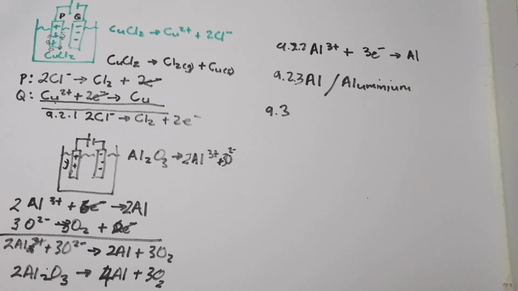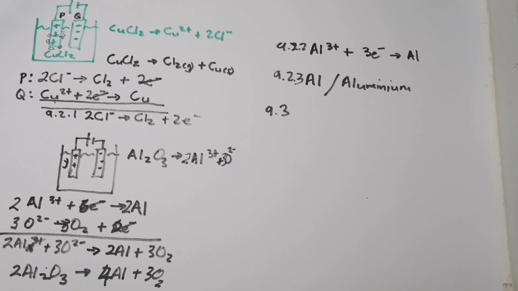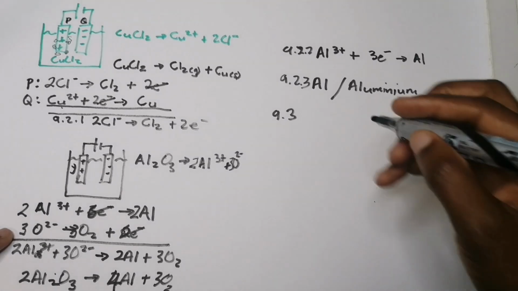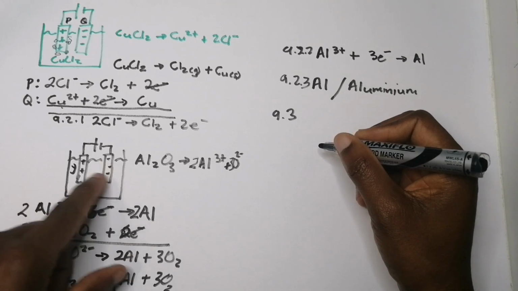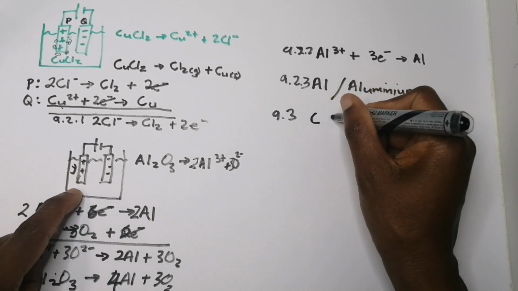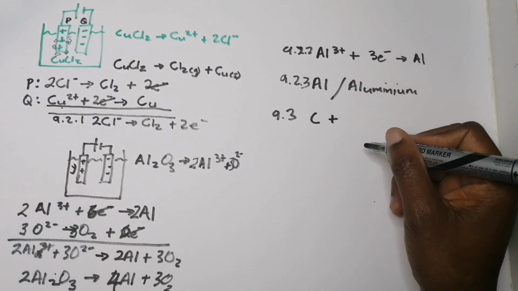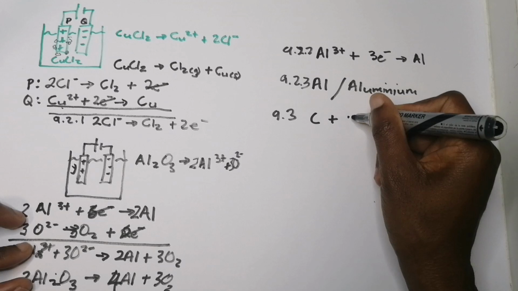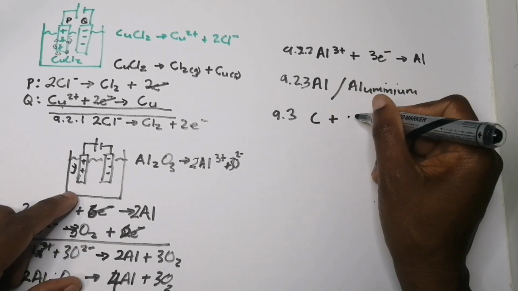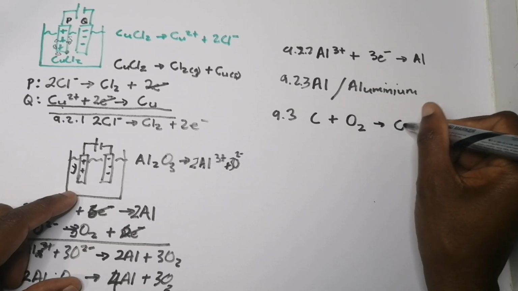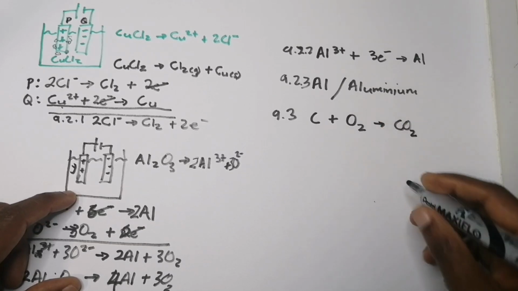Now, what really happens at that cell? Of course, perhaps they didn't ask us to do this, but I want to show you. What happens is that they actually use carbon rods. And that's why it's really not ideal to use this kind of a cell for the environment. The carbon rod there begins to react with oxygen, and carbon dioxide is formed.